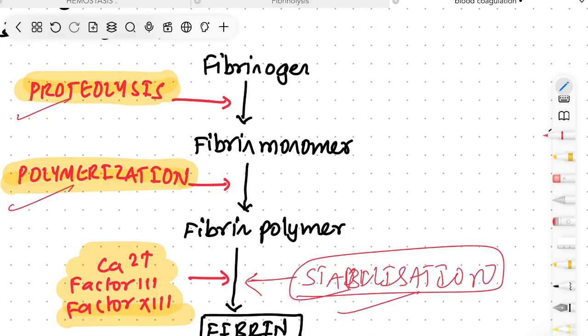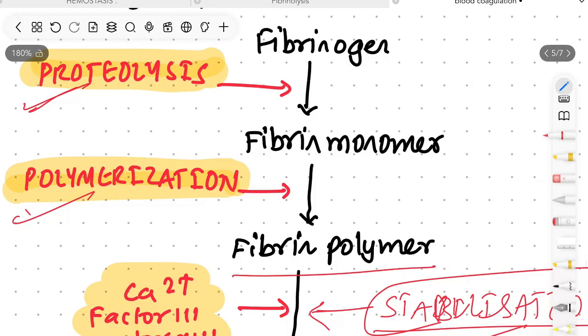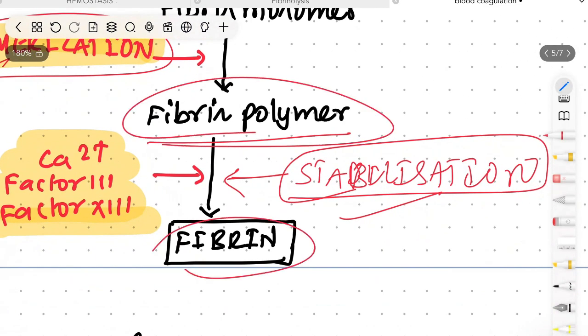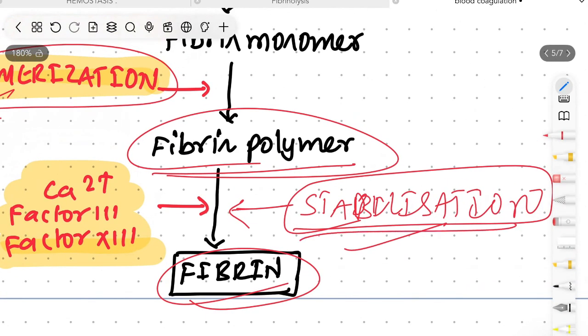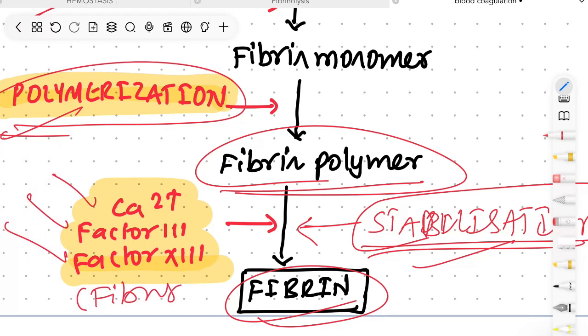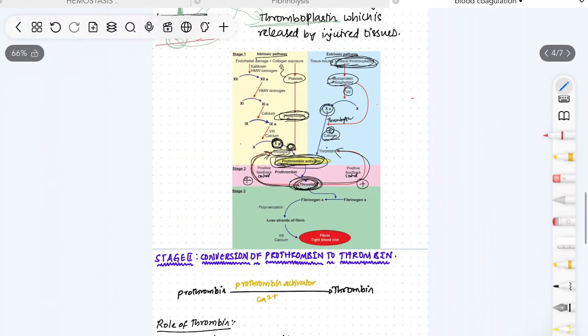Okay, I hope you are clear. Fibrinogen is converted to fibrin monomer with the help of proteolysis. Fibrin monomer is converted into fibrin polymer with the help of polymerization, and fibrin polymer is converted into fibrin, that is the tough blood clot, with the help of stabilization in the presence of calcium, factor 3 and factor 13, that is fibrinase. So this is the formation of the blood clot.